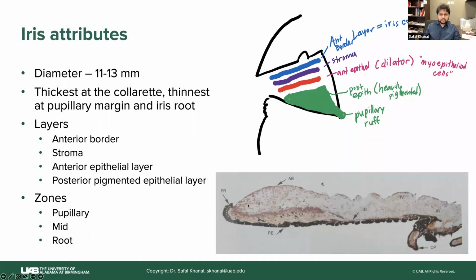And when you look at this cross section, you can divide the iris into three different zones: the pupillary zone, mid zone, and the root of the iris in connection with the ciliary body. The iris is thickest at the collaret, which divides the iris into pupillary and ciliary portions. And it is thinnest at the pupillary margin, as you can see in the cross section.